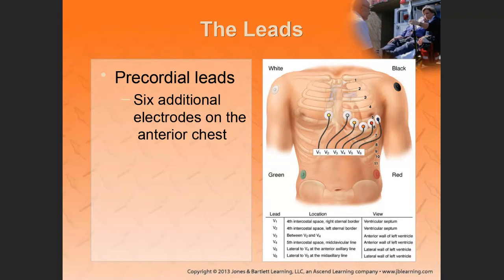A, V, R, the R represents right side. It's only one lead looking at the right side. Can't be any other, right? So there's only one lead looking at the right side of the heart, and that's AVR. The AVR represents augmented voltage, right side. That's how I remember it.